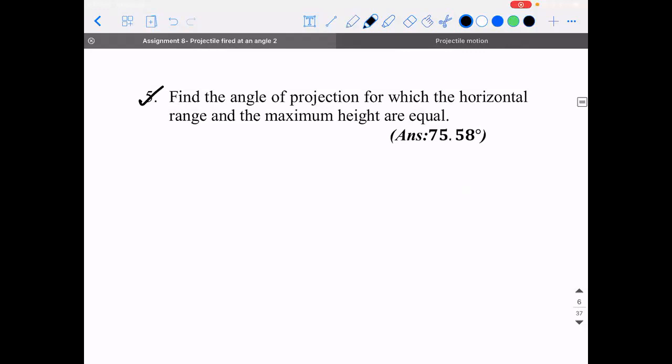Can we try this? Calculate the angle of projection for which the horizontal range and the maximum height are equal. Do this, no? You can tell me in terms of tan inverse.